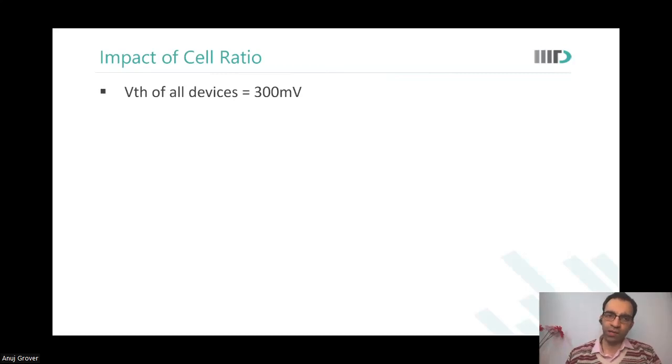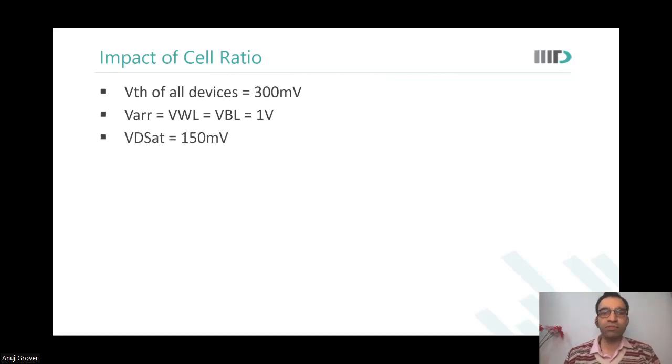What we are assuming in this first order set of equations is that VTH of all the devices is 300 millivolts, that V array equals V word line equals V bit line, which is 1 volt, that VDsat is equal to 150 millivolts. That's the standard, 6 kT/q is what is regularly considered to be VDsat. And that we keep a cell ratio of 1.5.